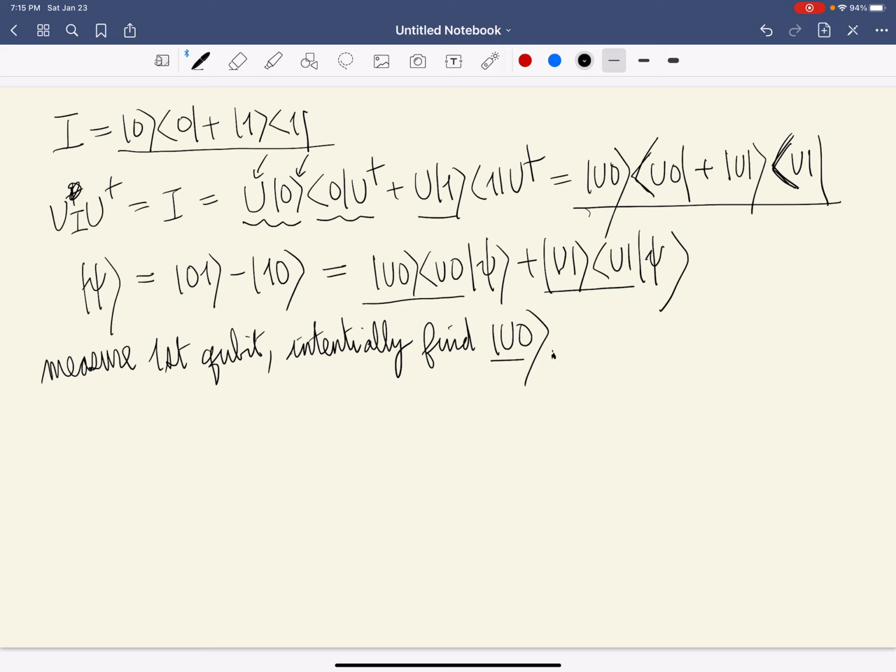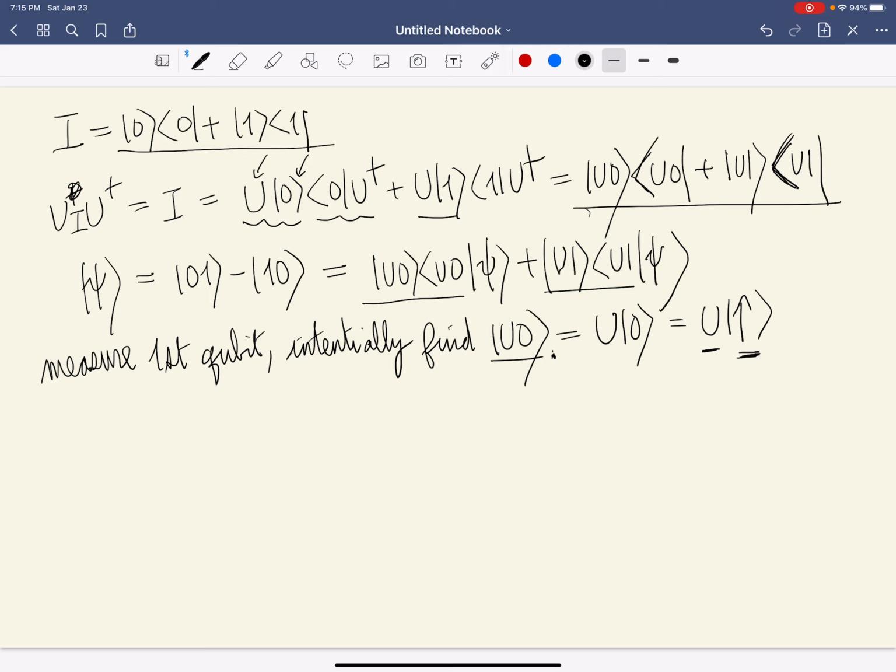Okay, so u0 is u acting on the 0, and then 0 is spin up. So applying this unitary matrix to the spin up is like making some sort of rotation of the spin orientation from the up direction to some arbitrary direction on the Bloch sphere.